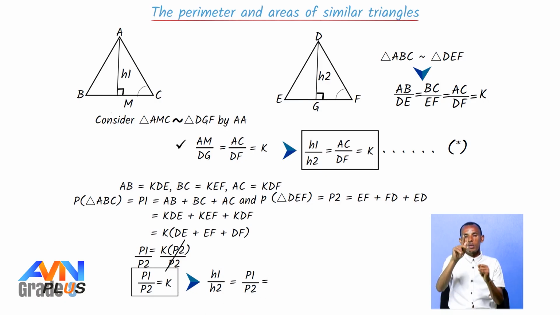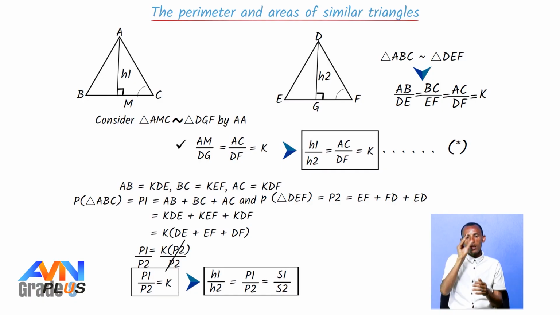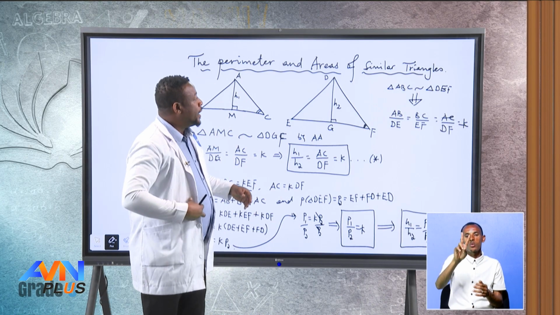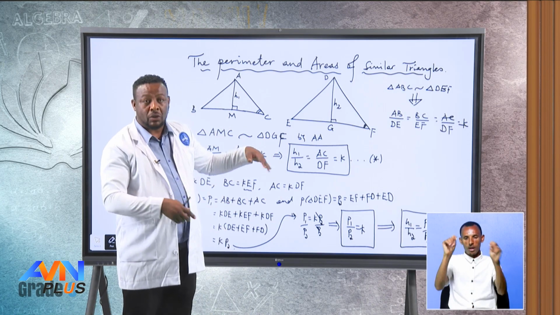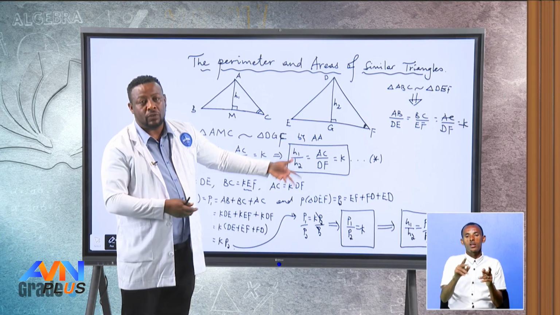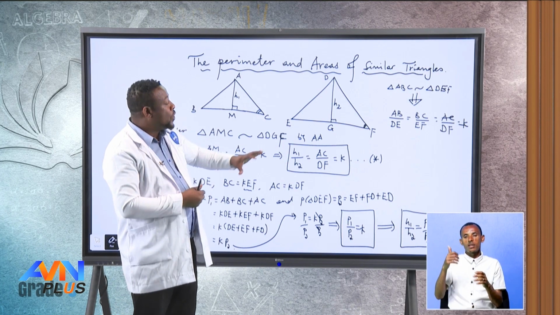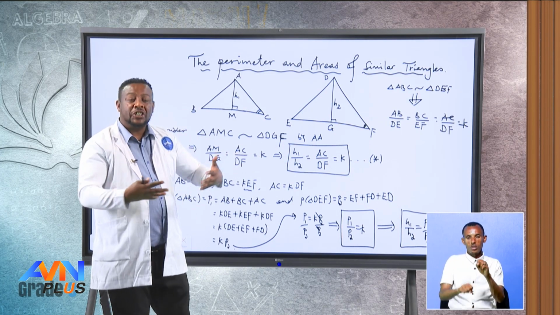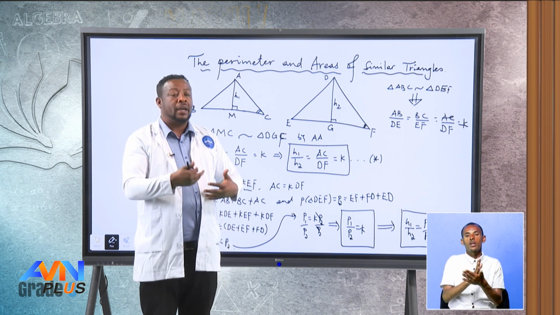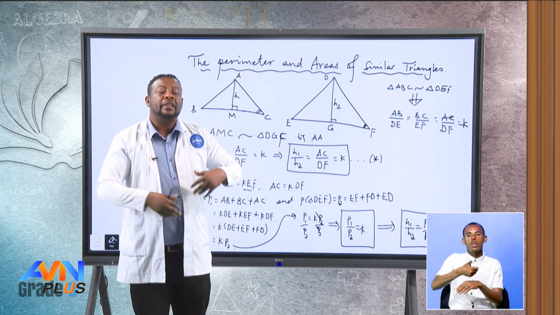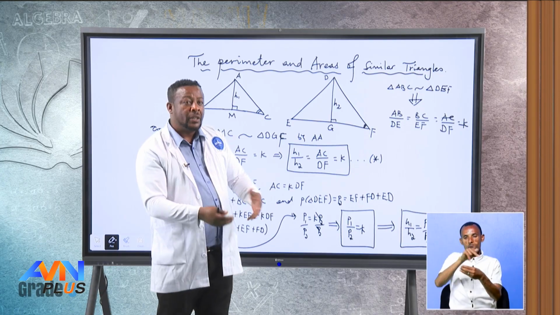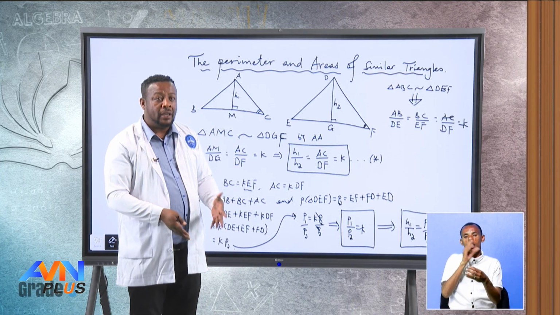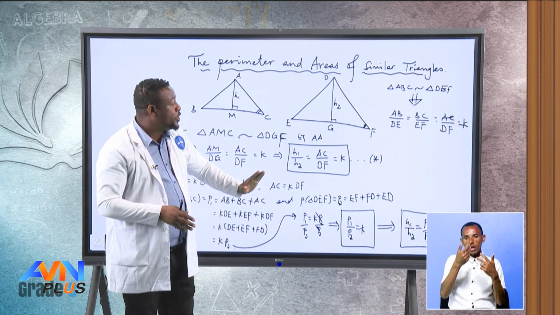You can also say S1 by S2, where S1 is the side of one triangle and S2 is the side of the other triangle. So there is a relationship between the ratio of the altitudes, the ratio of the perimeters, and the ratio of the sides. So we have this relationship.